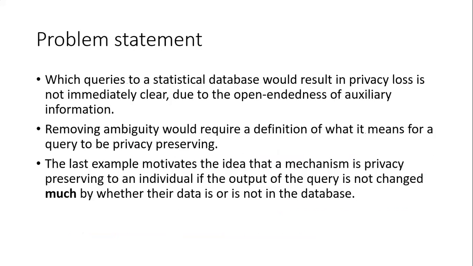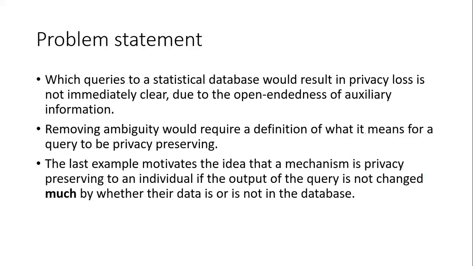And so what all of this leads up to is which queries to a statistical database would result in a privacy loss. We might all have an intuition to begin with, but hopefully these examples show it's not as simple as your intuition might lead you to believe because of the open-endedness of what could be considered auxiliary information. And so to remove this ambiguity, you would need to have a precise definition of what it means for someone's privacy to be breached or preserved.